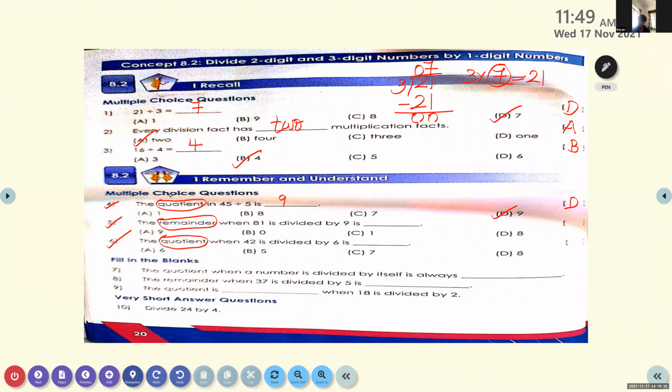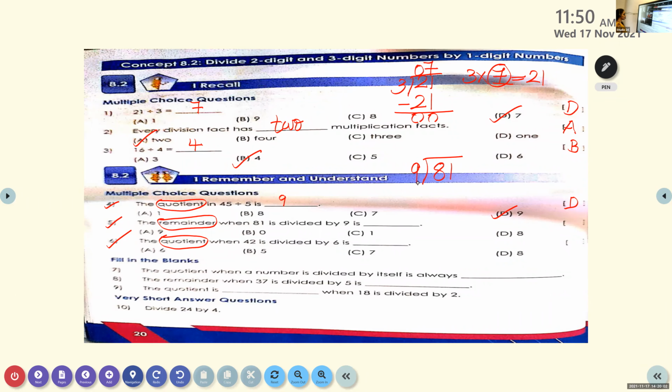The remainder when 81 is divided by 9. 81 is to be divided by 9. First 8 will go under. I did not get it, my dear.